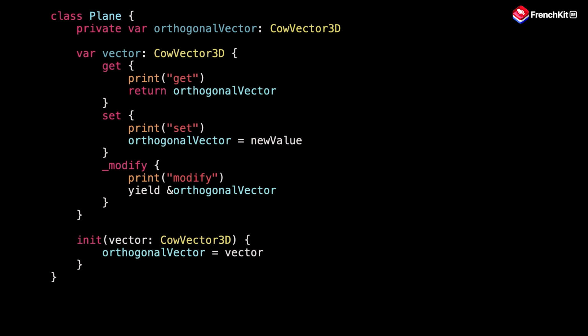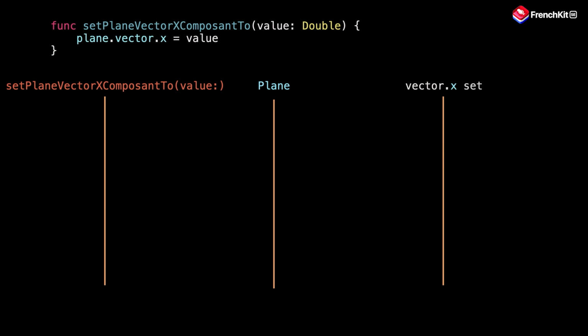But at some point, you have to call yield and yield something that is a curve vector 3D. This yielding means we're giving to the caller a way to modify things in place in order to avoid duplicating my value. Let's see that in a schematic.